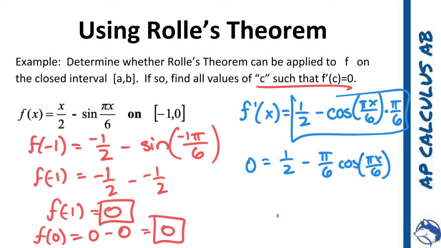So then all we have to do here is subtract 1/2 and divide by negative pi over 6, sorry. So I've got 3 over pi is equal to my cosine of pi x over 6. So I'm going to continue this on a new page here.